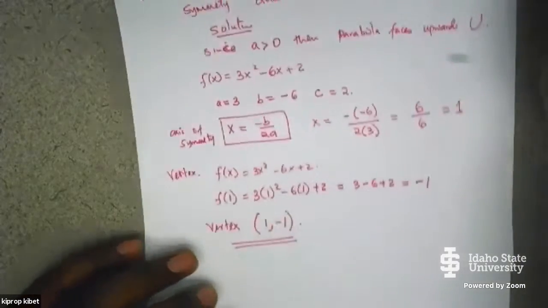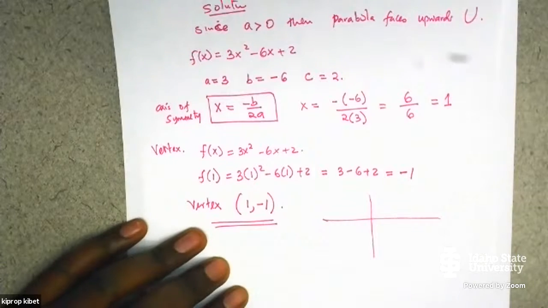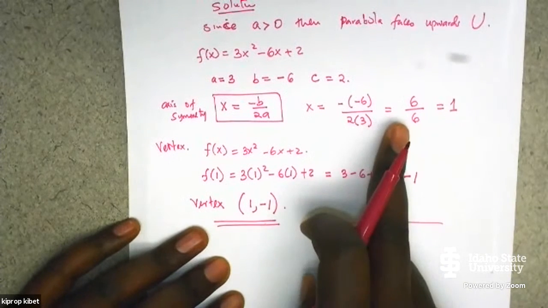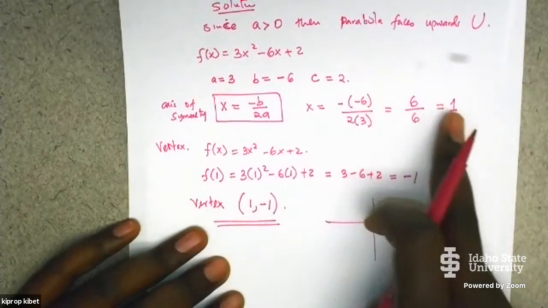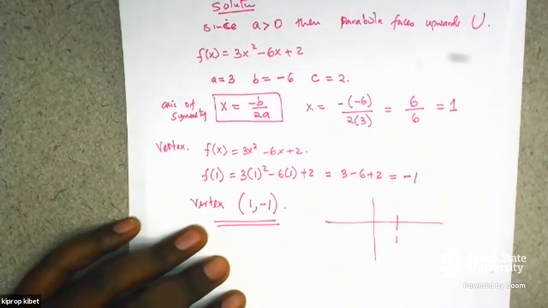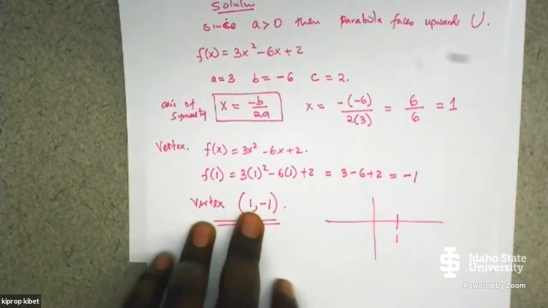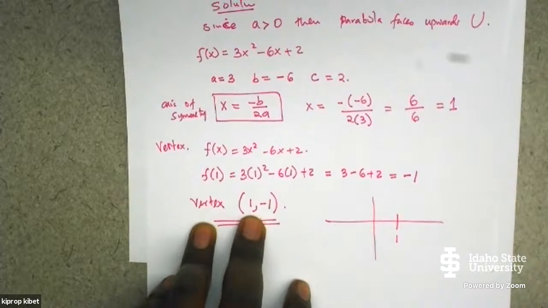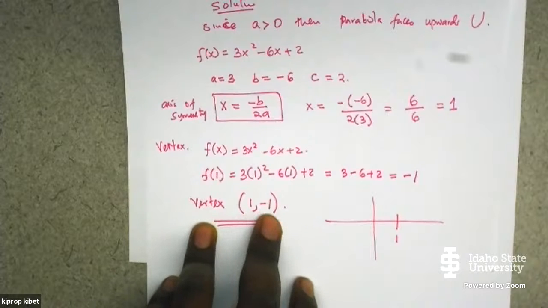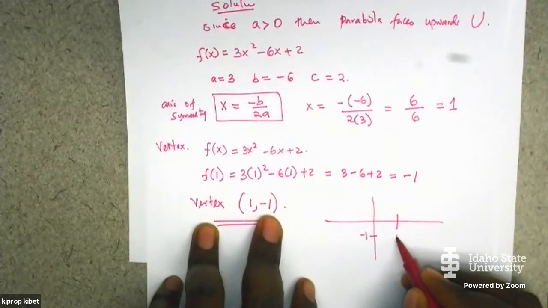Now, when you come to sketch, our axis of symmetry is at x equals 1, right? And where is the point which is turning? 1 and negative 1. So there is negative 1 here, and there is 1 here.